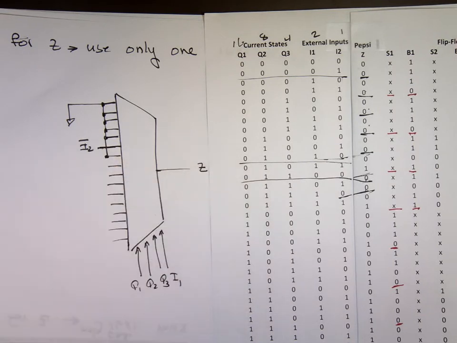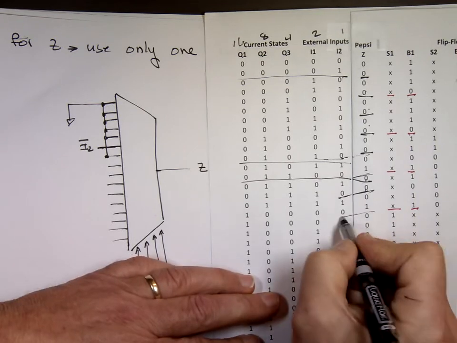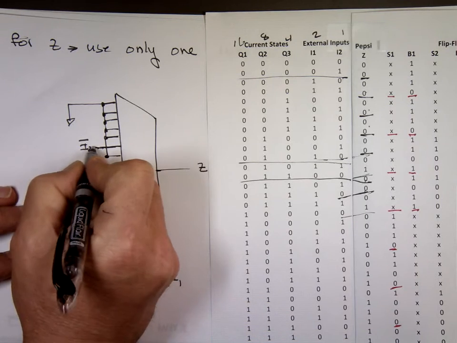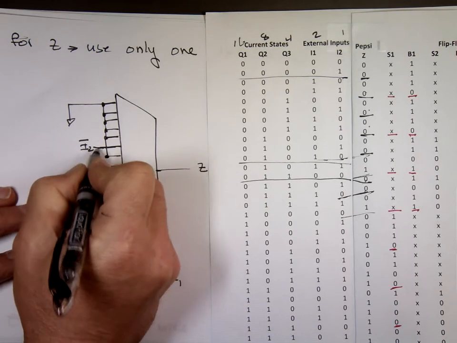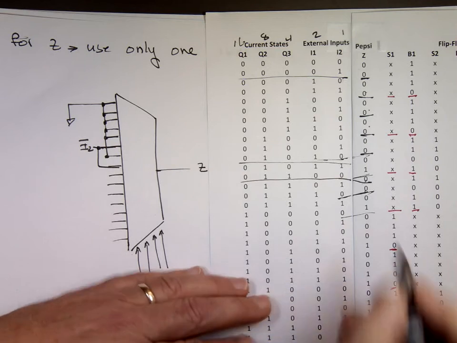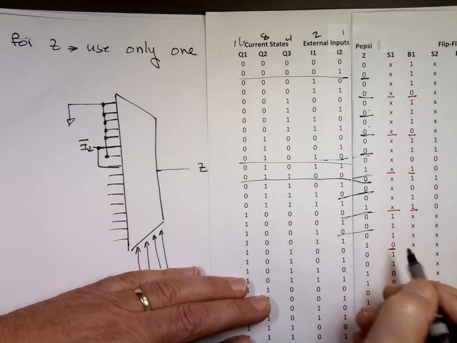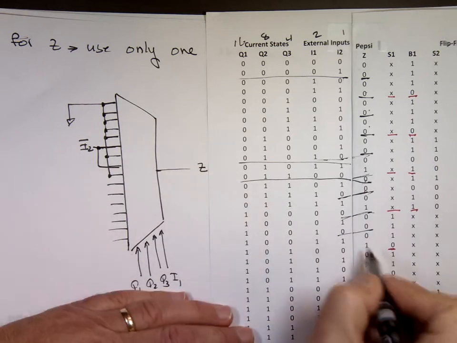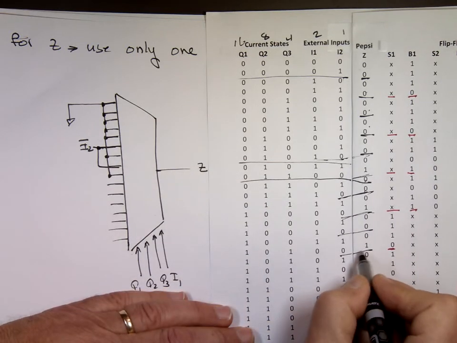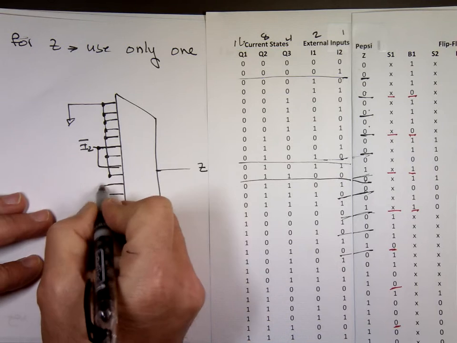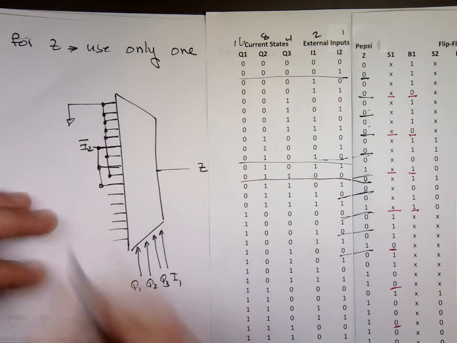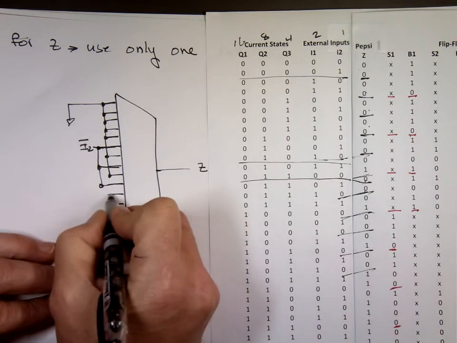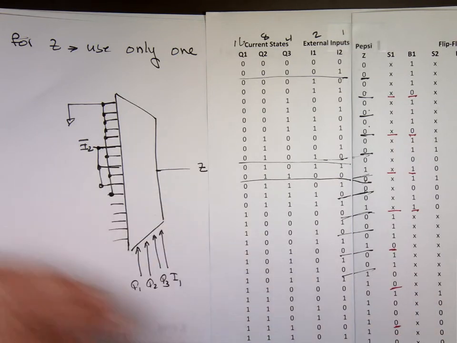The next group, 0, 1, 1, 0. I2 not, right? The next group, 0. The next group, I2 not. The next group, 0. The next one, VCC.